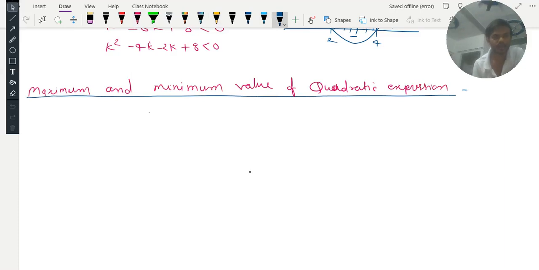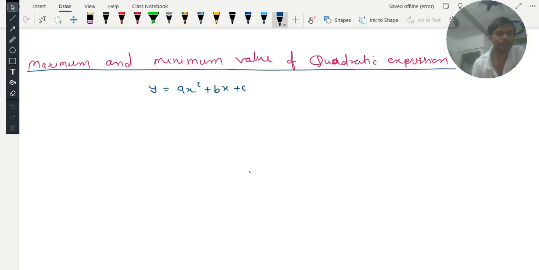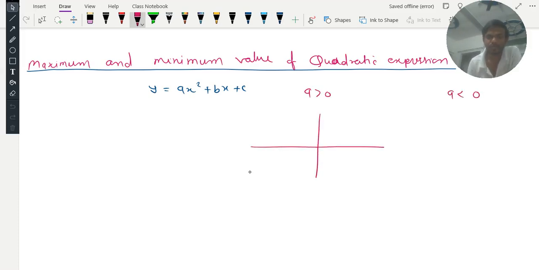Let y is equal to ax square plus bx plus c be a quadratic expression, and we have to find the maximum and minimum value of this quadratic expression. So suppose I select a greater than 0 and a less than 0. When a is greater than 0, then this parabola will open upward.